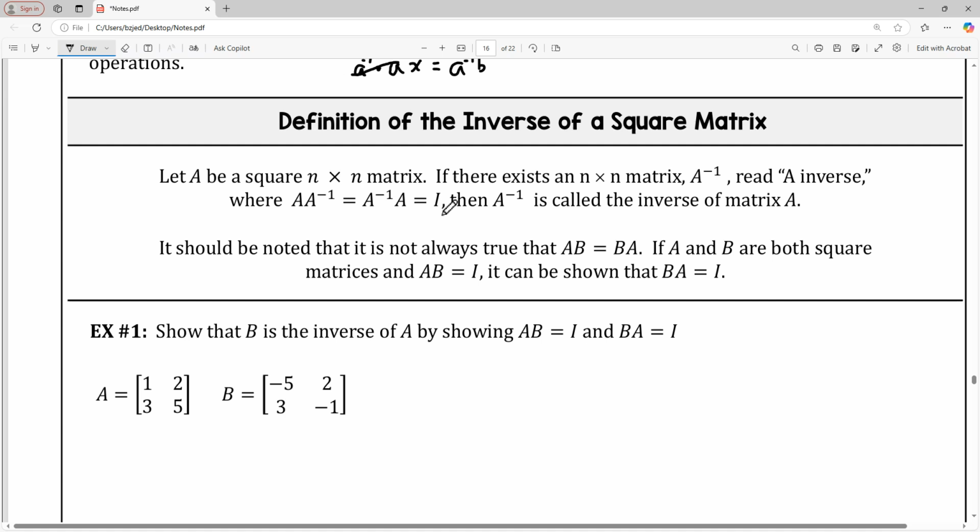As a reminder, the identity matrix, if I did a 2 by 2 matrix, would look something like this: 1, 0, 0, 1, where I have ones on the diagonal and zeros everywhere else. So if I have two matrices, let's call them A and B, I can find out if they're inverses by multiplying them together and seeing if I get the identity matrix.